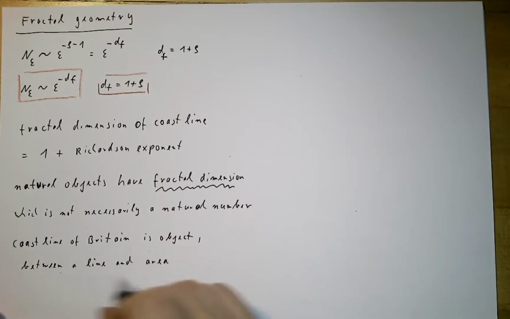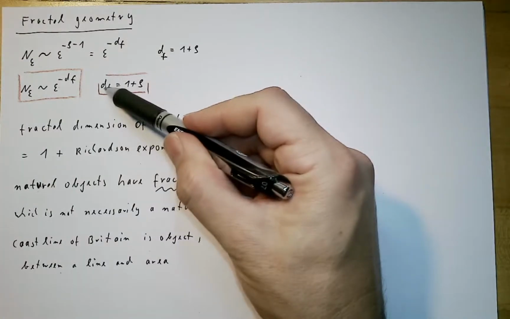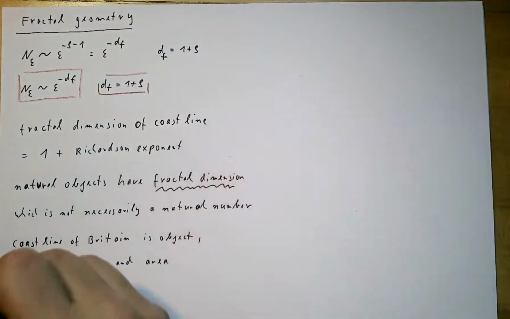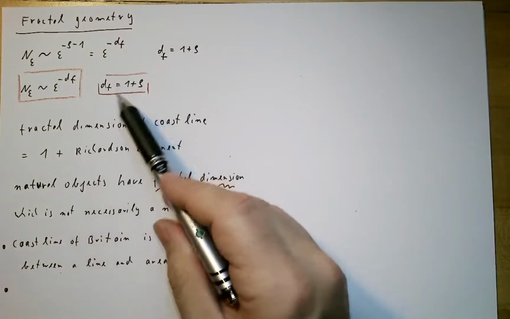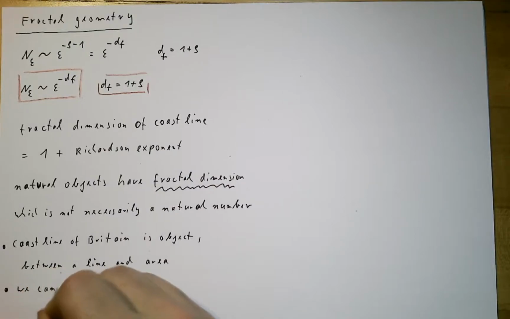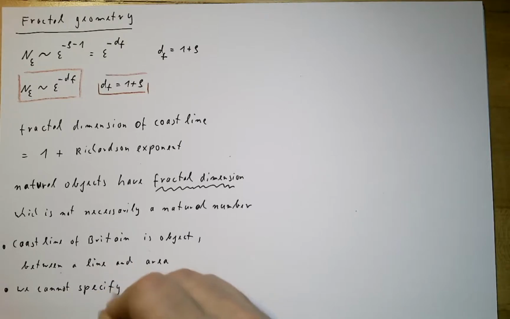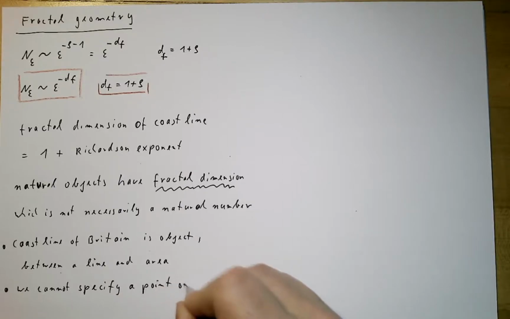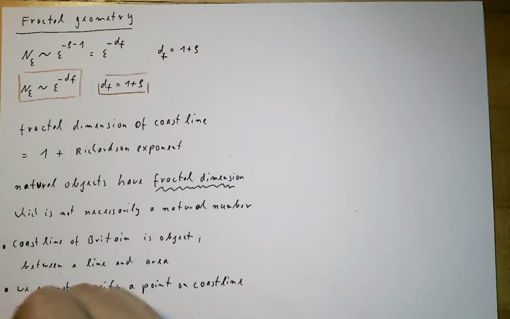So the coastline also has aspects of an area, because it has a dimension which is larger than that of a line and smaller than that of an area. And since the dimension is larger than 1, we cannot specify a point on the coastline with a single number.